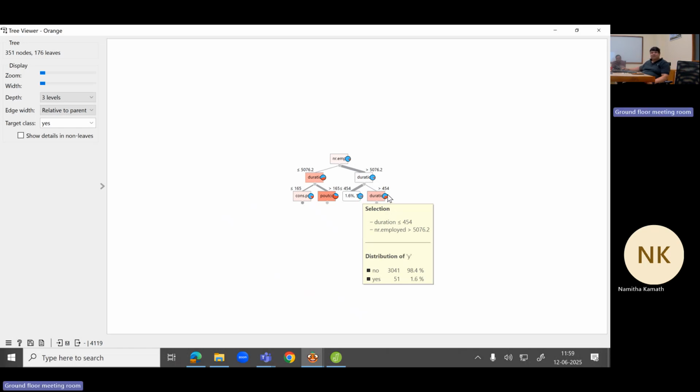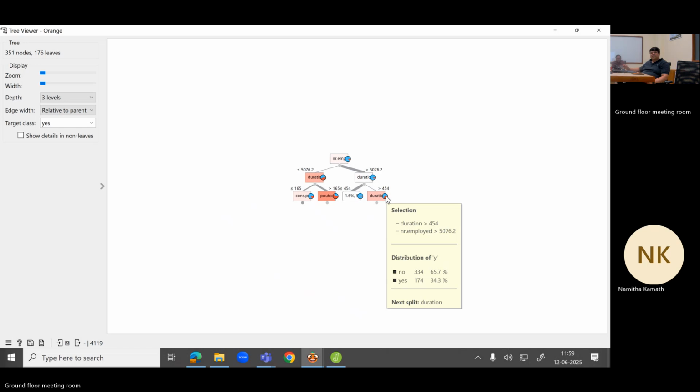Whereas in this group, there are more number of people. That means both sides should be large. Duration has to be larger than 454. You can see 174 people have taken in that group. It is just showing you the split of people who are having more tendency toward term deposits.